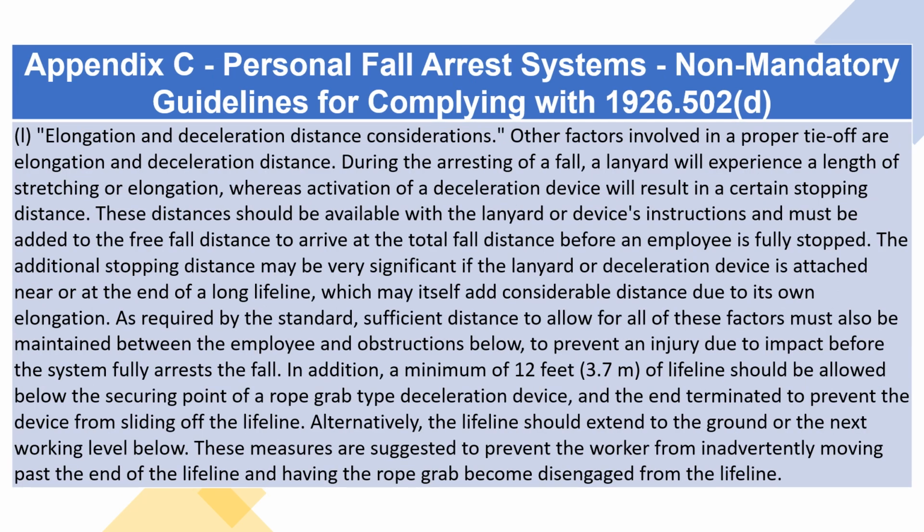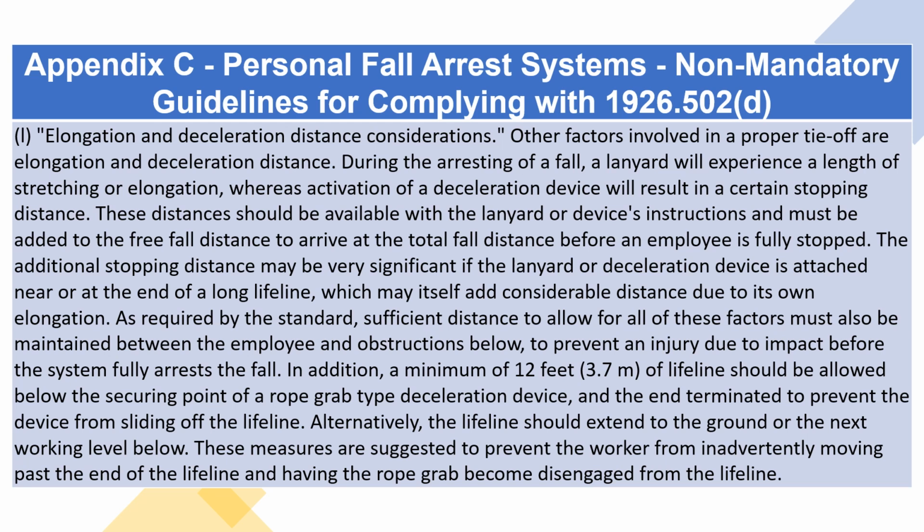L. Elongation and deceleration distance considerations. Other factors involved in a proper tie-off are elongation and deceleration distance. During the arresting of a fall, a lanyard will experience a length of stretching or elongation, whereas activation of a deceleration device will result in a certain stopping distance. These distances should be available with the lanyard or device's instructions and must be added to the free fall distance to arrive at the total fall distance before an employee is fully stopped.